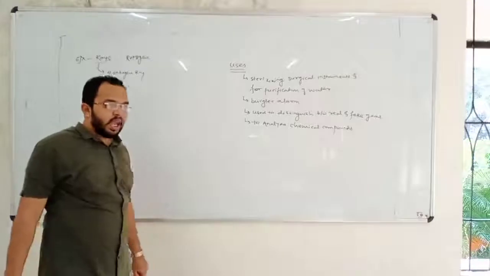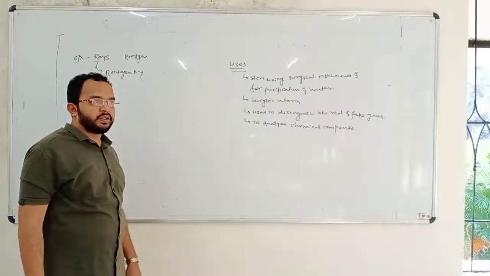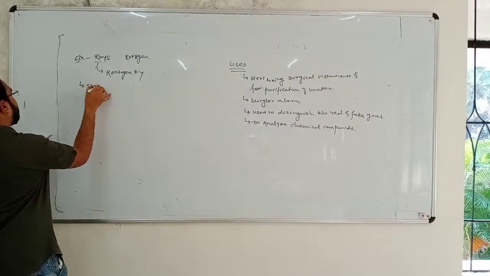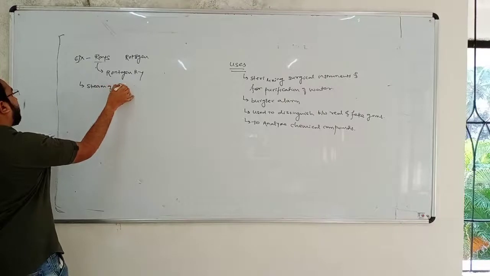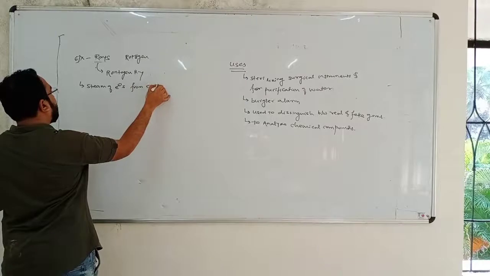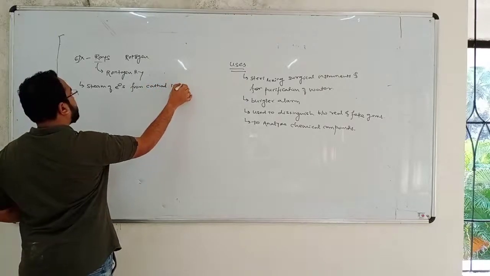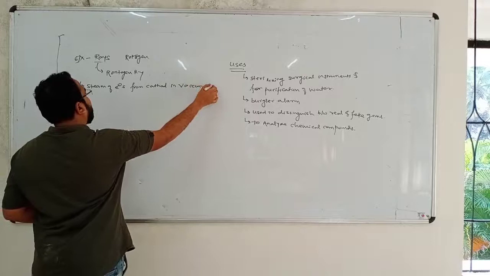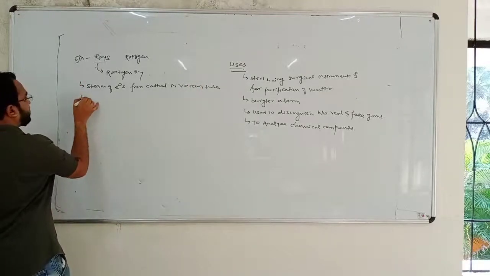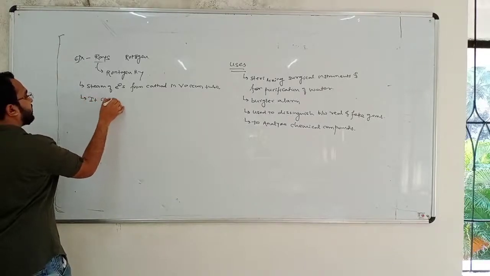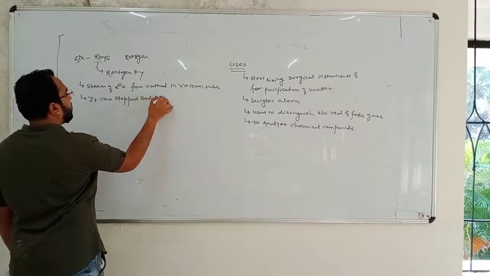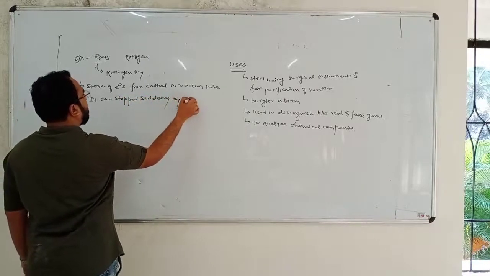X-ray is nothing but a stream of electrons from the cathode in a vacuum tube. It can be stopped suddenly by an obstacle.